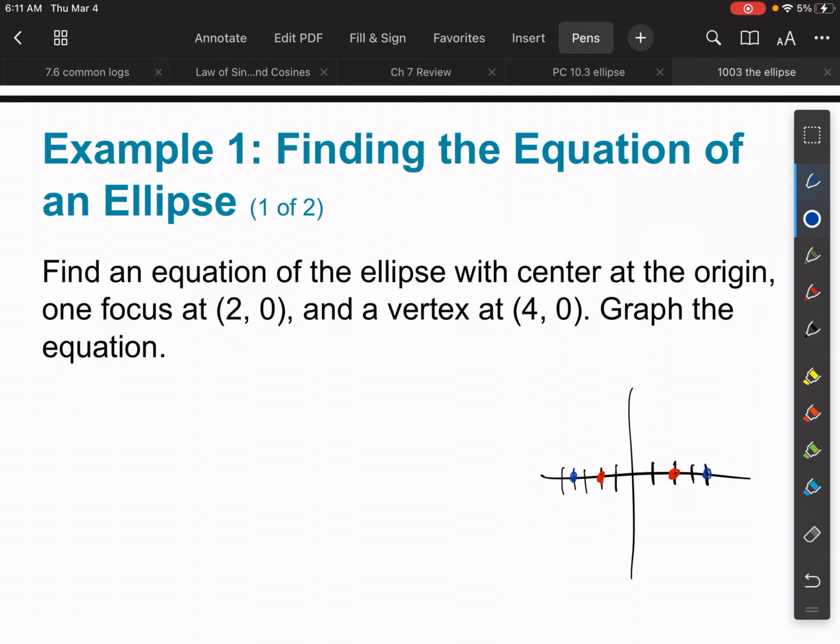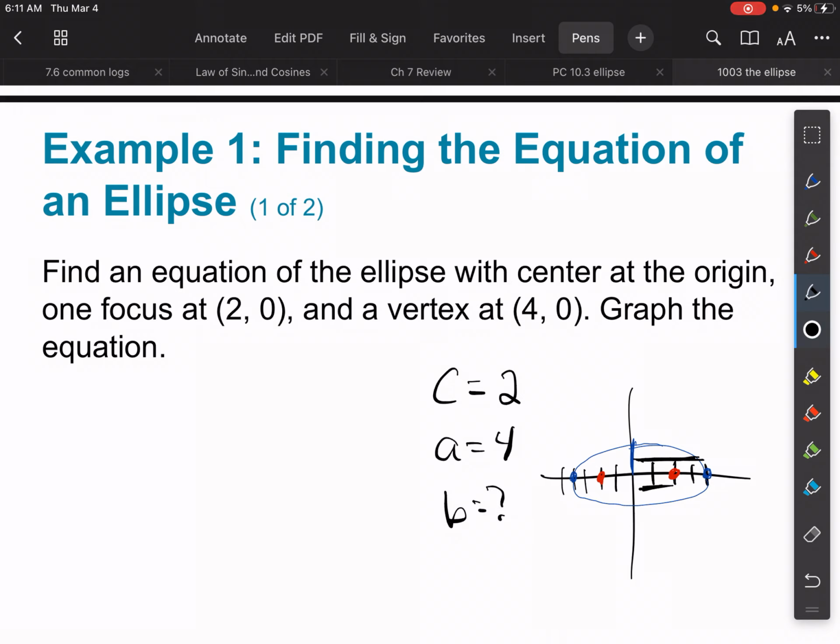So the ellipse is going around those points. Our challenge is to find this distance, because we've been given that c is equal to 2, and we've been given that a, in the major axis, is equal to 4. And we have to find b.